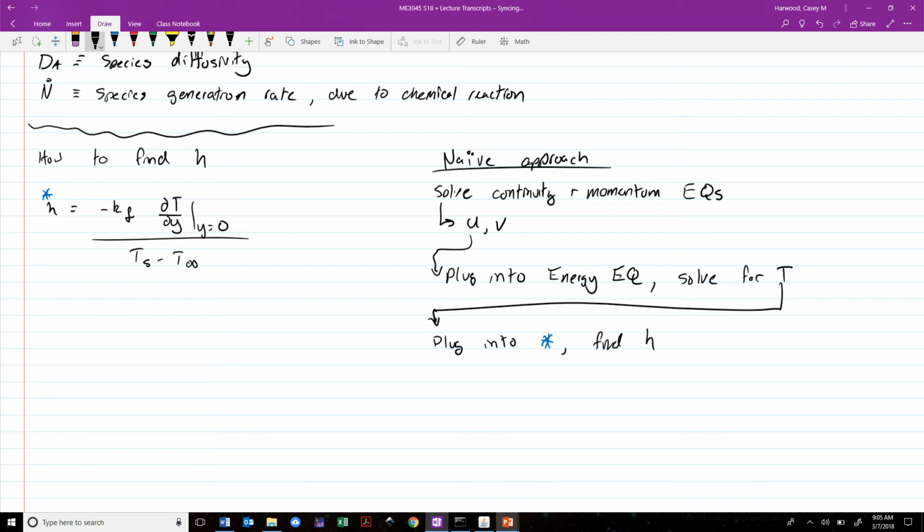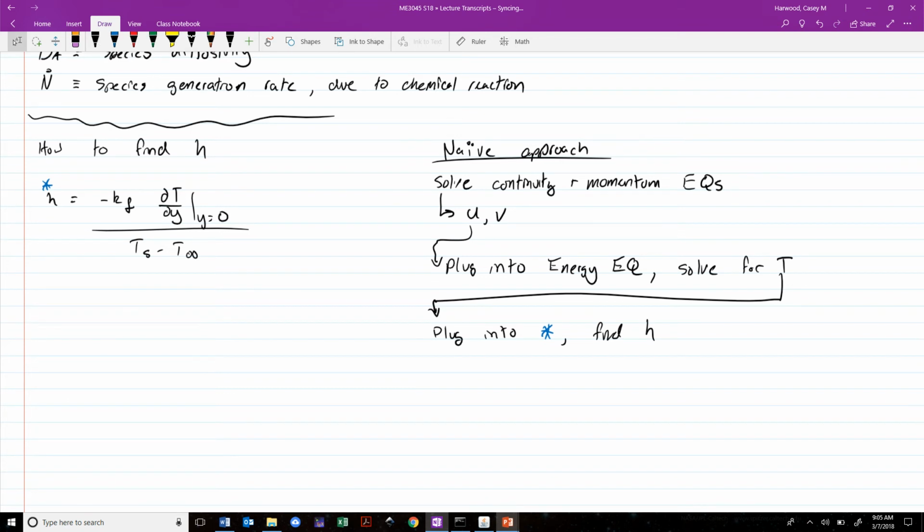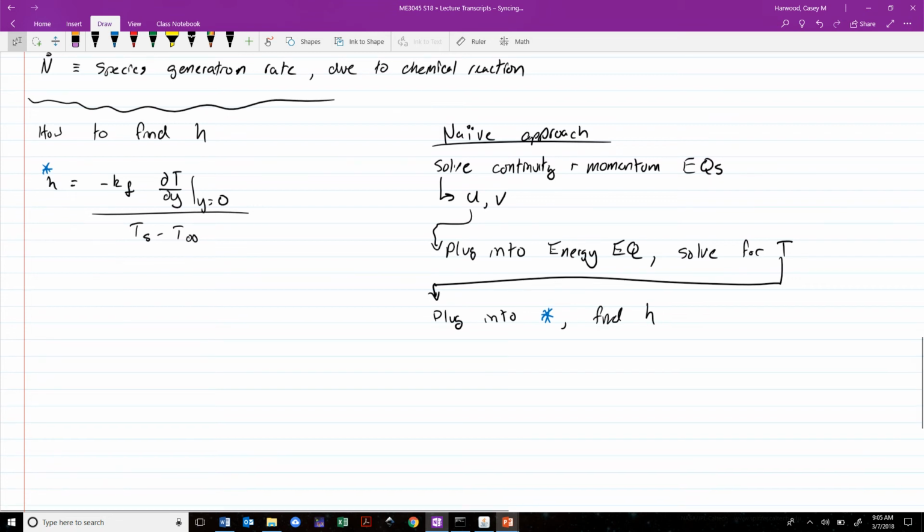But, as I said, there are a few special cases where we can solve this. So let's see what this process looks like with a problem where we can actually go through all these steps, and then we'll talk about what we do when we can't go through all of those steps. So, for example, this is another thing that you've seen in fluids, but we're going to add thermal energy into it.